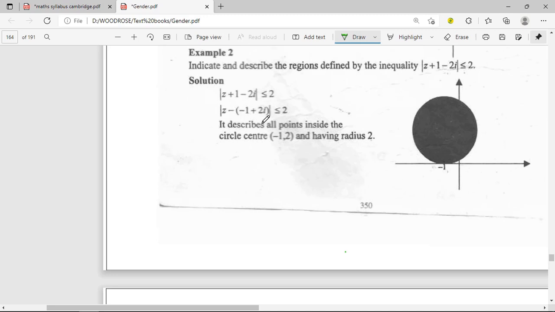Then you open bracket. Then plus 1 is the same as you put minus minus 1. Because if we remove the bracket here, we're going to get this one. So plus 1 is the same as if we have negative here, then here we should have negative. Then this minus, we are going to have positive, so that if we remove the bracket, we're going to get this one. So the center will be minus 1 and 2, and our radius is 2.